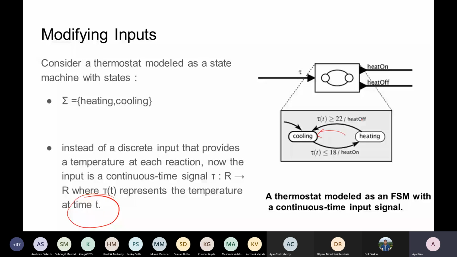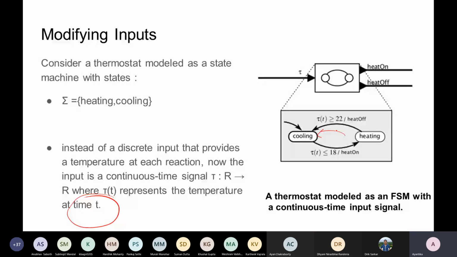For example, if we go back to our thermostat example, remember cooling, heating. That time we considered temperature as a discrete input. Here we are thinking of temperature as a continuous input, continuous in time t.